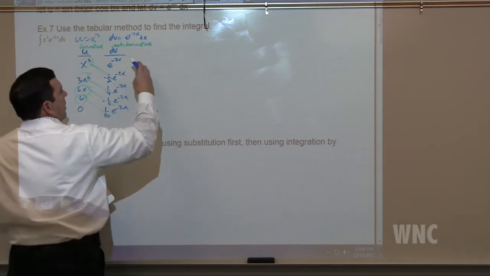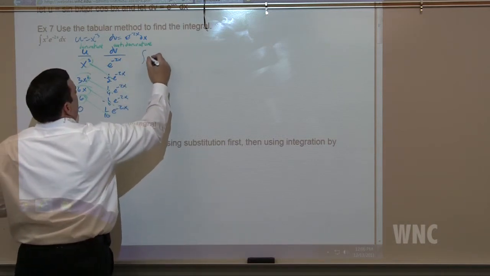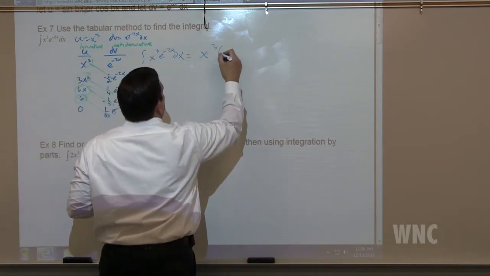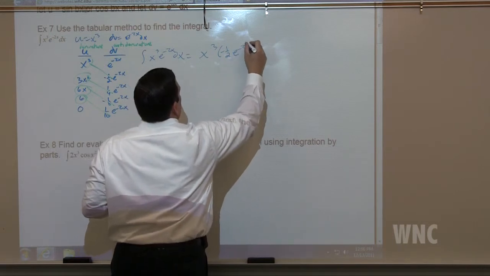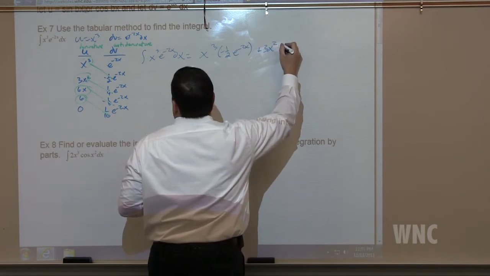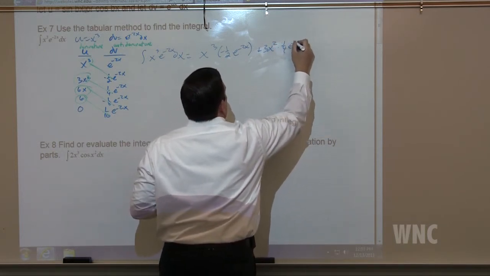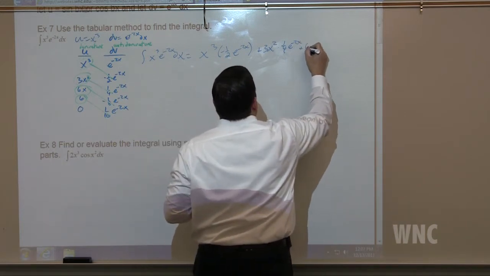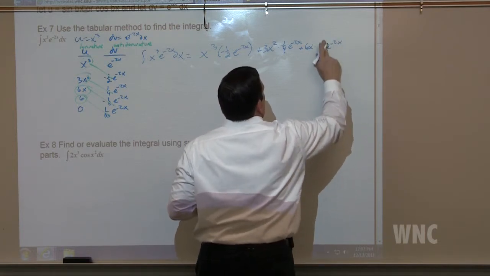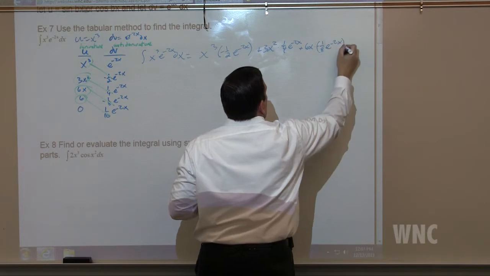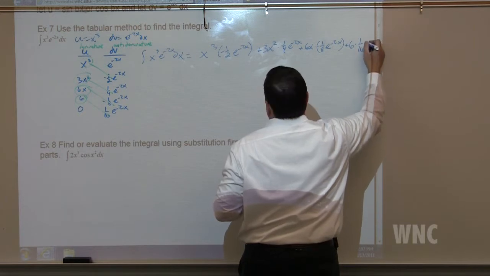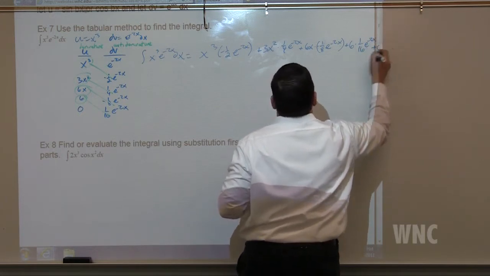So our integral of x cubed e to the negative 2x dx is x cubed times negative 1/2 e to the negative 2x plus 3x squared times 1/4 e to the negative 2x plus 6x times negative 1/8 e to the negative 2x, and then plus 6 times 1/16 e to the negative 2x plus c.